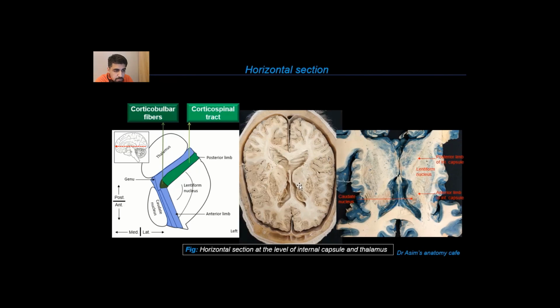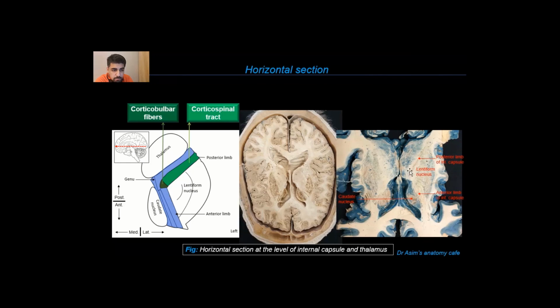Then lateral to this V-shaped internal capsule, we can see this dark tissue mass over here, this cone-shaped dark tissue mass. This is the lentiform nucleus comprising the putamen and globus pallidus. Now if we do a Mulligan stain on this section, then all the gray matter is going to appear blue in color. We can see that very nicely over here.